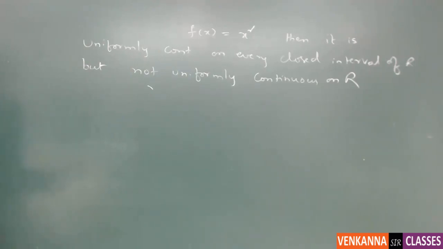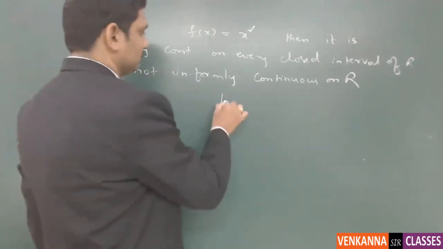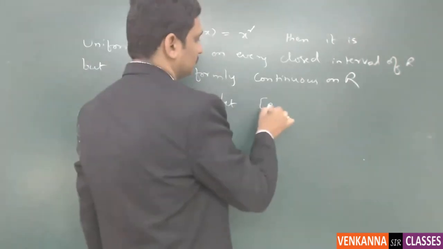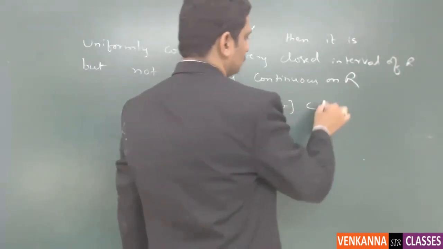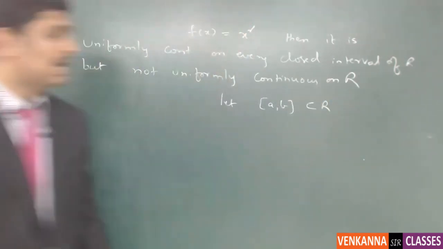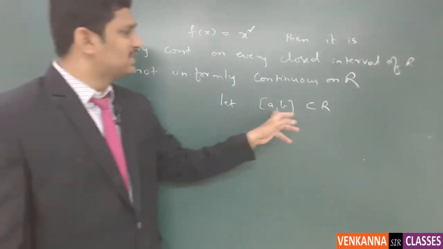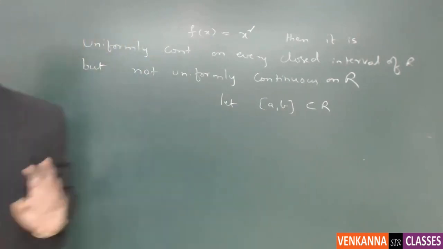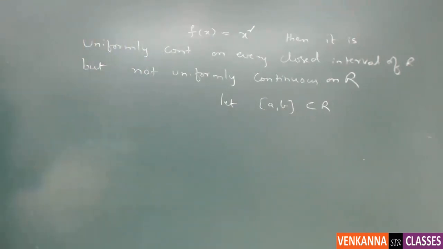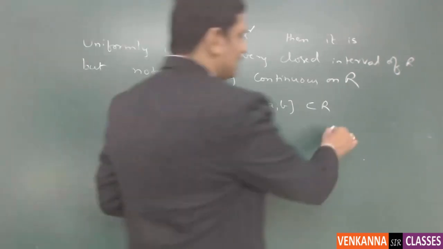Now let us take any closed interval in R. And as and when you are saying about an interval, the first value is less than the second value. Accepted? 2,4, 3,5, etc. So always we have A is less than B.